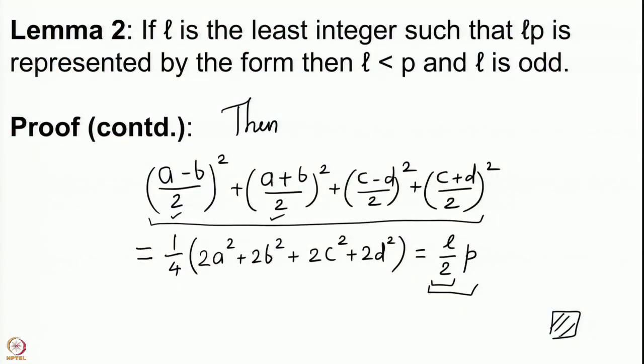So, we are taking the least positive integer where LP is represented by this form, then L is an odd integer strictly less than P. With these 2 lemmas, now let us go and prove Lagrange's theorem. Essentially, because we are going to prove that every odd prime is represented by the form, Lagrange's theorem will follow very soon after proving this result.